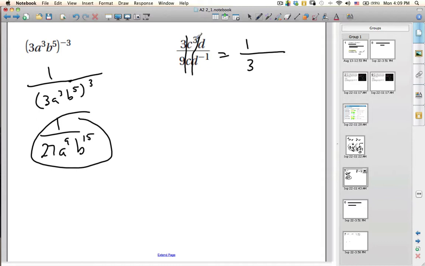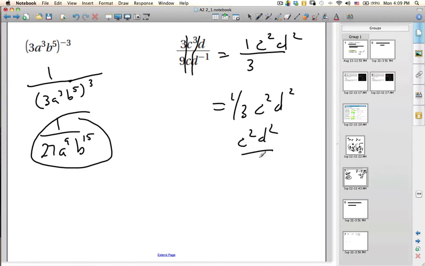I'll have c to the 3rd and c to the 1st power, so that's c to the 3 minus 1, that's c squared. And I'll have d to the 1st minus negative 1, that's d squared. So this could be 1/3 c squared d squared, or I could write it c squared d squared over 3. Either one of these is correct.